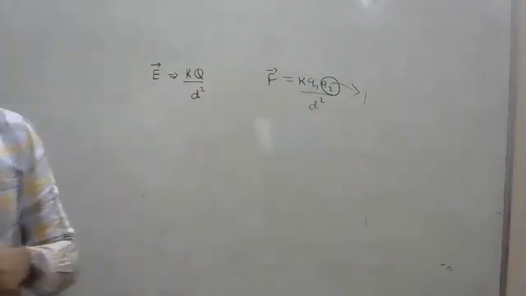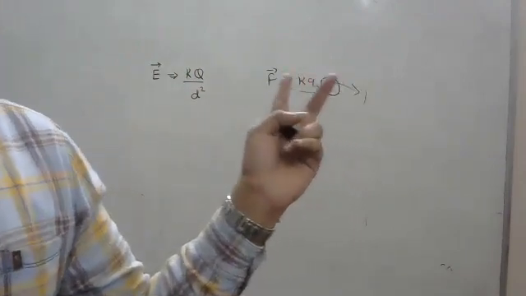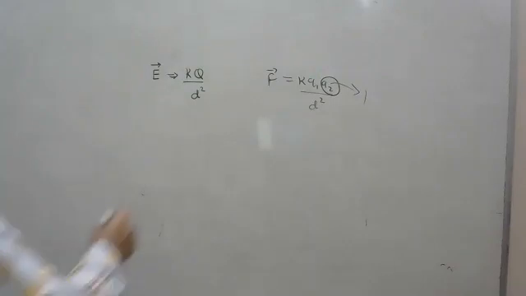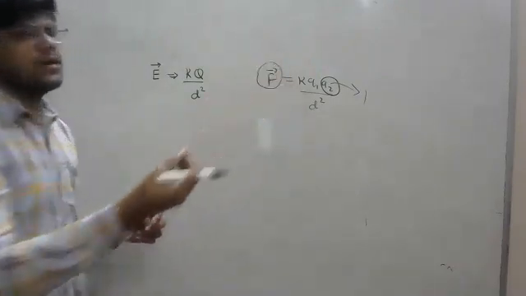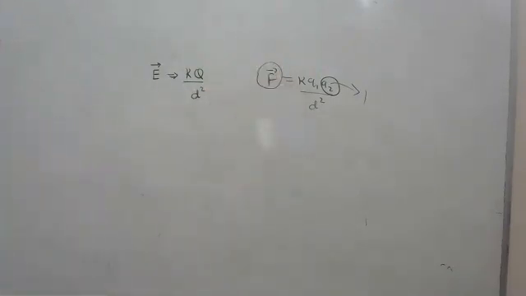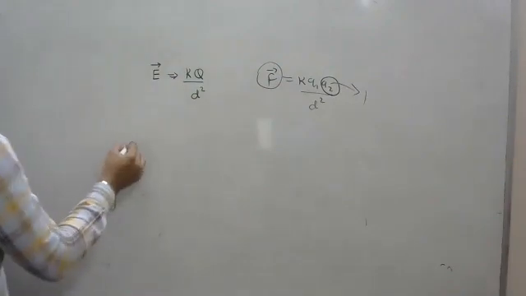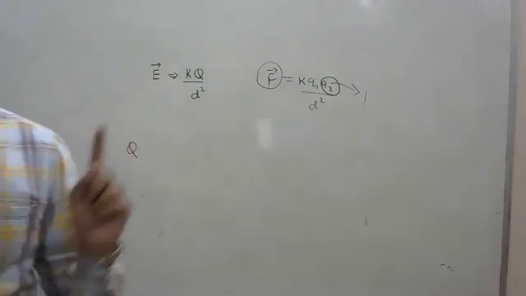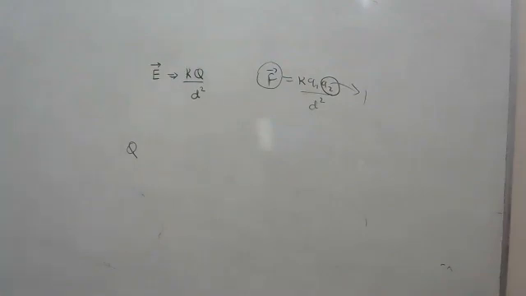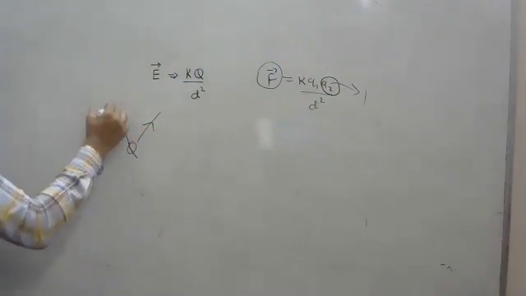In case of force, it is something between two charges. It is some component which depends on both of them. But as I informed earlier, the electric field is something which is related to a single charge.